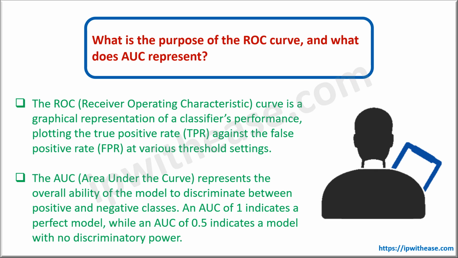And AUC, or area under the curve, represents the overall ability of the model to discriminate between positive and negative cases. AUC value of 1 indicates a perfect model and 0.5 indicates a model with no discriminatory power.